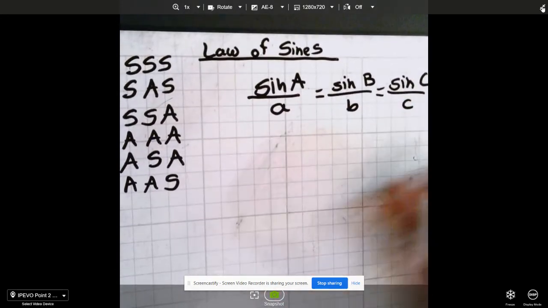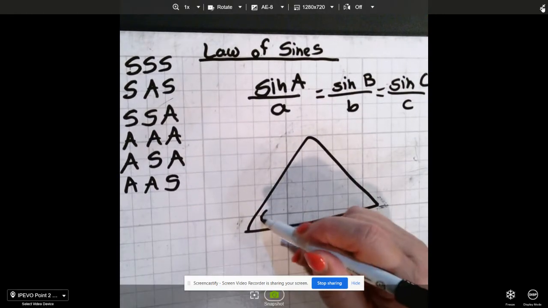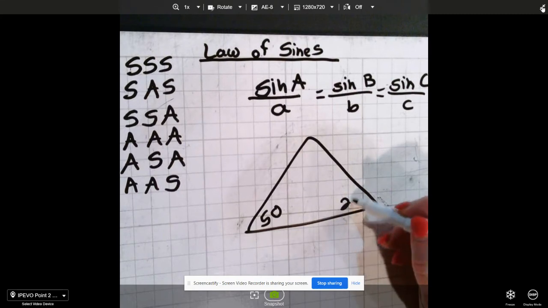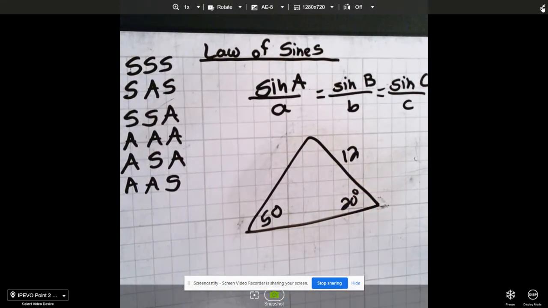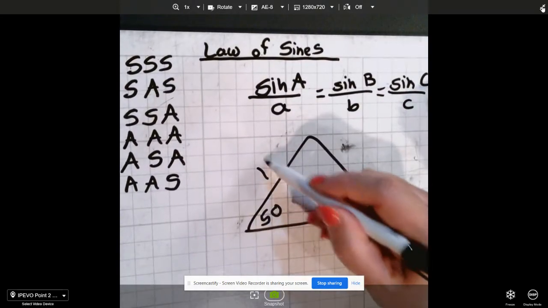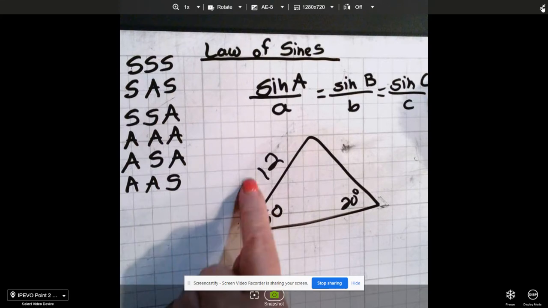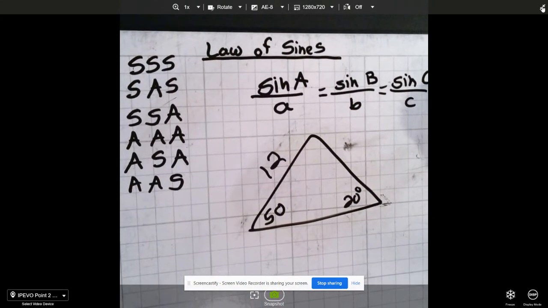And the last one is angle, angle, side. So again, if I knew this was 50, there's an angle, here's an angle, and then here would be the side. So again, it is not the side that's between the two angles. Now it could be this side as well over here, because this still would be angle, angle, side. It's just simply not the side that's between the two angles.